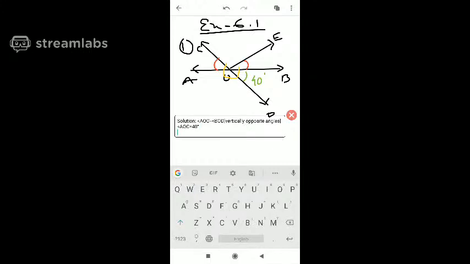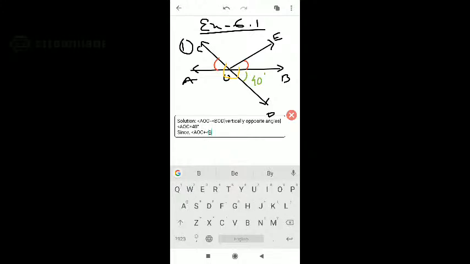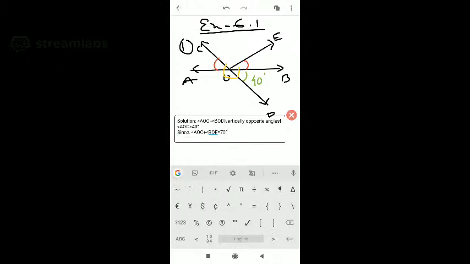Then we will write, since angle AOC plus angle BOE, so therefore we can use the implies sign.